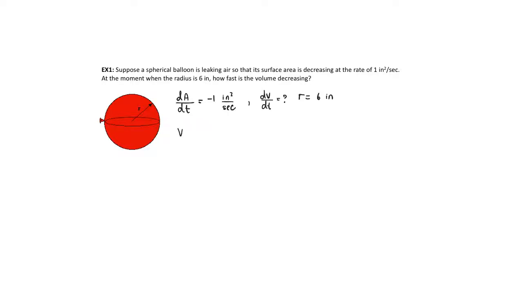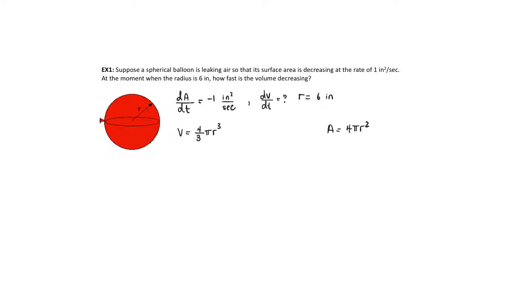Now the volume of a sphere is equal to 4/3 pi r cubed. And I know that the surface area of a sphere is equal to 4 pi r squared.